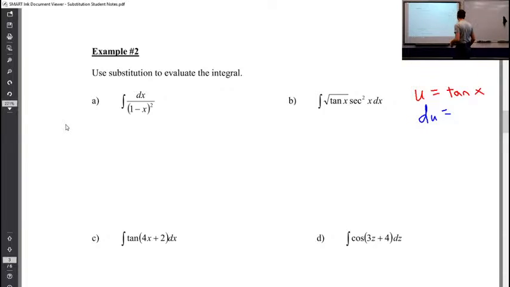And so du, here's clue number two, that u should be tangent. That du, we want to look for it to be somewhere else in the problem. And would you look at that, derivative of tangent is secant squared.